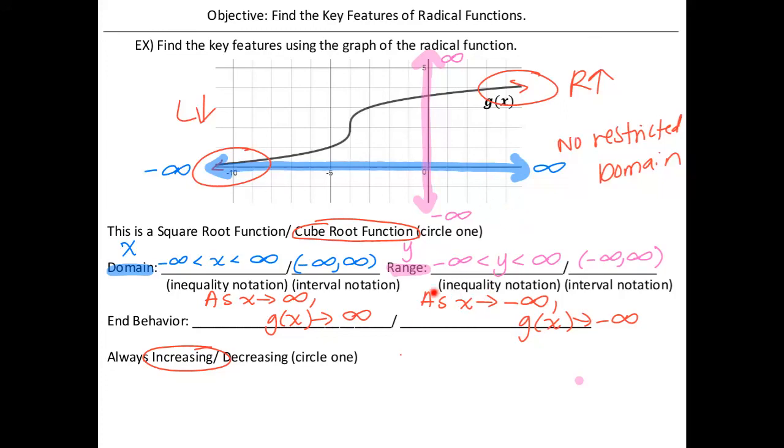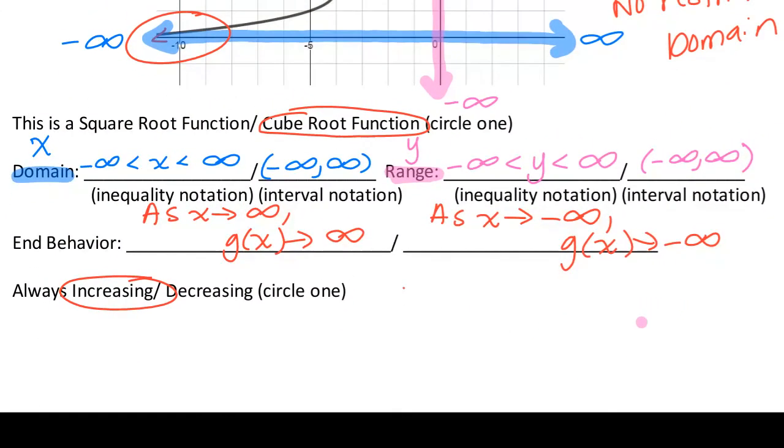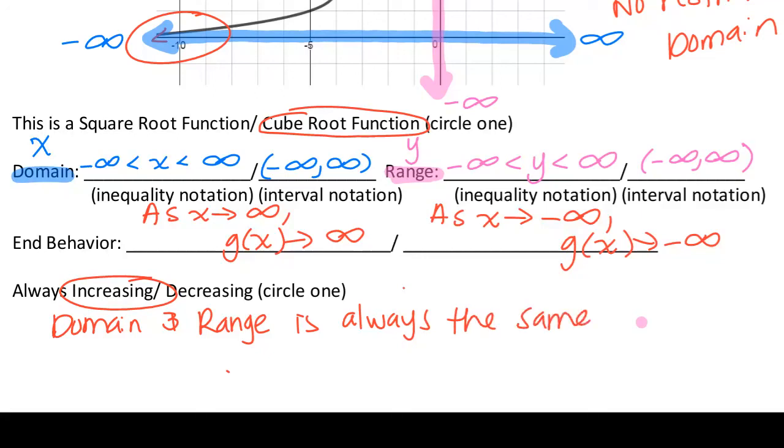And I'm going to add a note here for you guys. The domain and range is always the same for any cube root function. Okay, so domain and range is always the same for any cube root function.